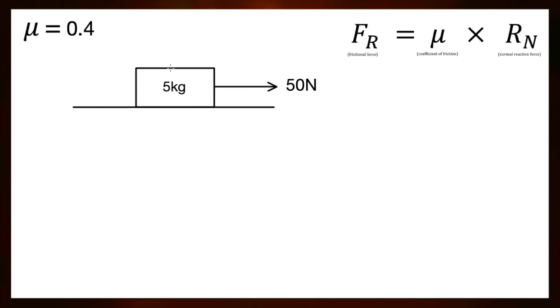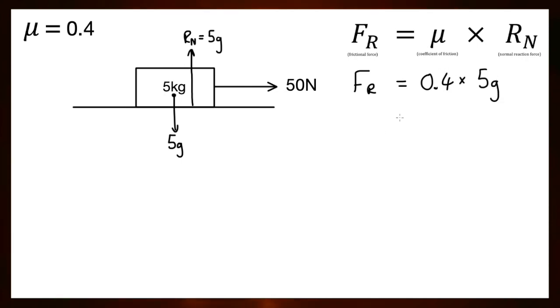So the first thing I'm going to do is draw the weight of this block down, which is 5g. Therefore the reaction normal, or Rn, must equal 5g, because there's no other forces acting. Now the next thing I'm going to do is work out this frictional force. So my Fr is going to equal 0.4 times my reaction normal, which is 5g.